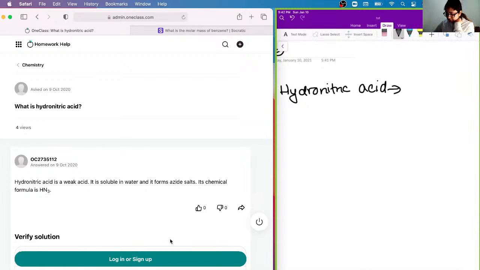So nitric is something that's H3, and if it's hydro, that means it only has one hydrogen. So in this case, it would be H. And it is a weak acid and it forms acid salts.